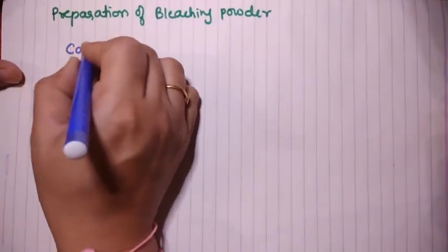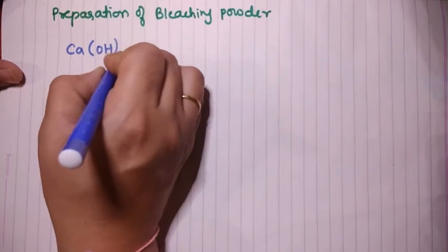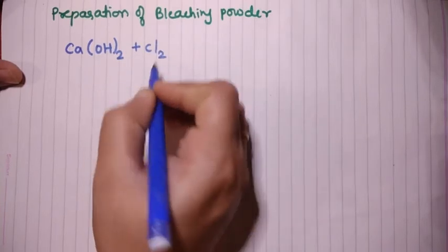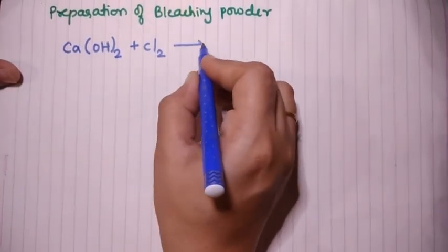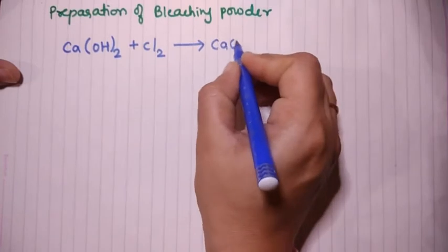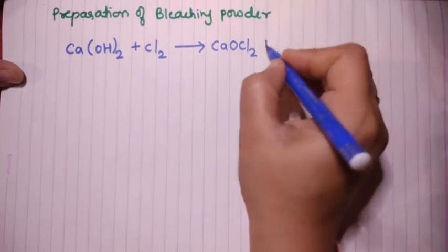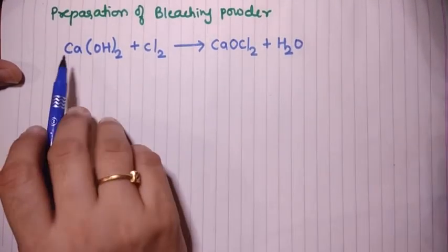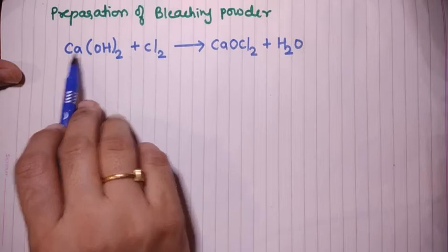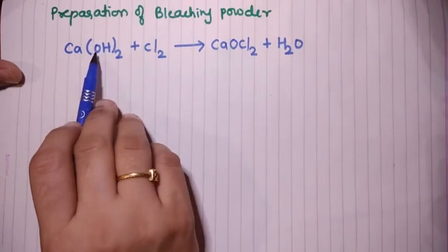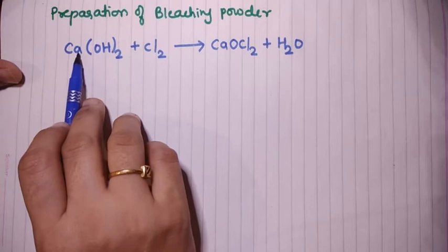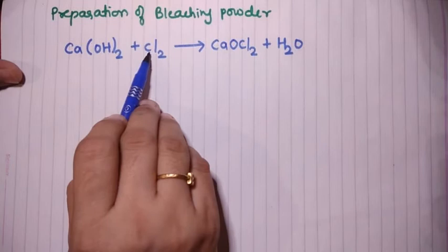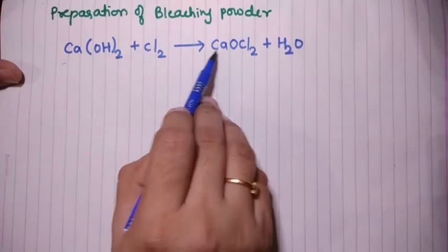We can see that in this kind of reaction, calcium hydroxide on reaction with chlorine gas will form calcium oxychloride with the removal of one water molecule. How is it done? See, this calcium reacts with chlorine, and along with it one oxygen will be attached. So Ca, one oxygen from here and Cl2 from here, and it will form CaOCl2.